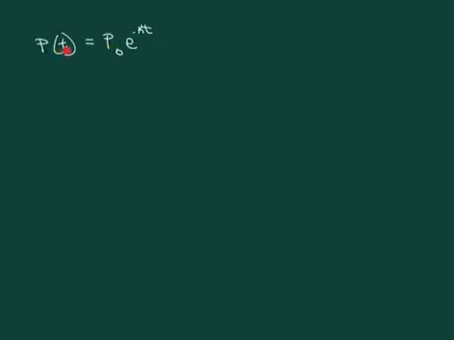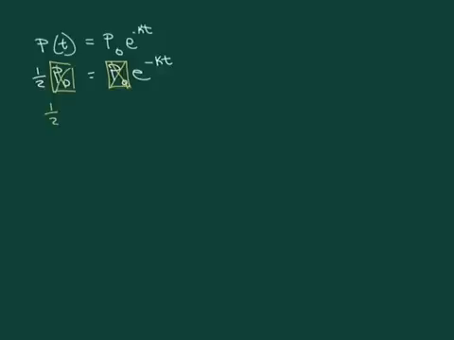So I'm going to replace P(t) with 1/2 my original P0. Makes sense? And that will equal P0 e^(-kt). Now, notice what I have here. When those things are multiplied, you can just get rid of them if they're the exact same.